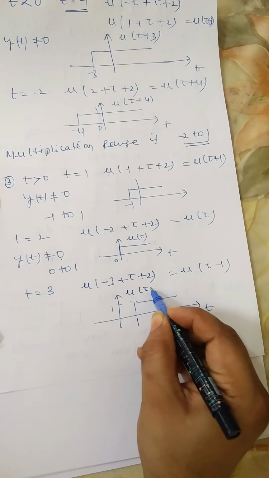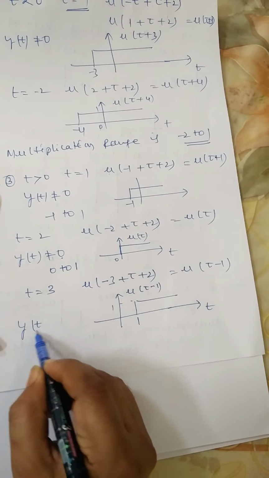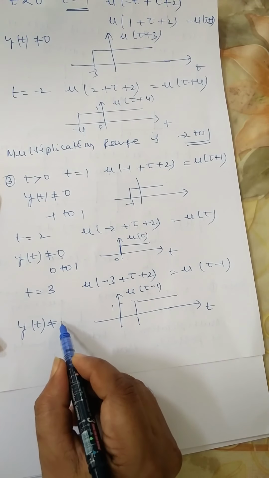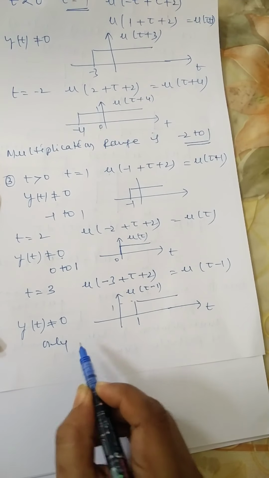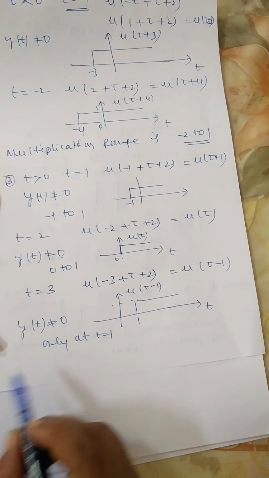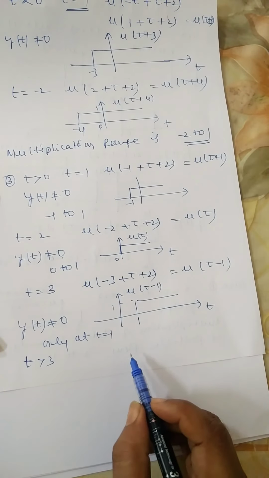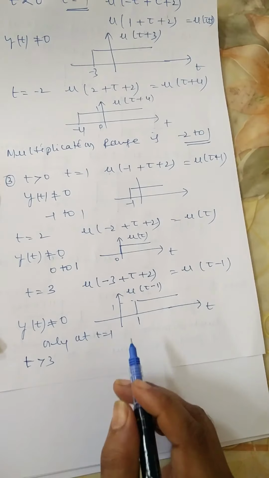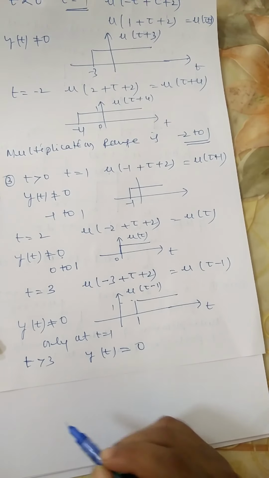Hence here also output is not equal to 0, because multiplication is possible only at t is equal to 1. When t is greater than 3, signal exists after 1. After 1 the first signal does not exist, hence the output is equal to 0.